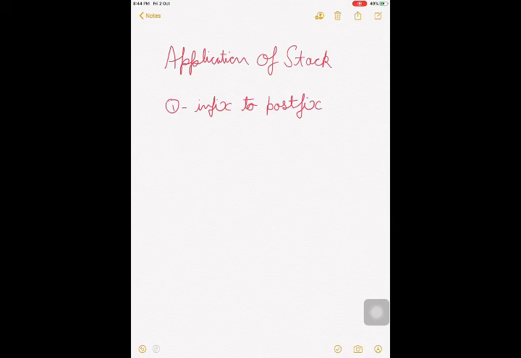And the second will be evaluation of postfix expression, in which you will be given a postfix expression and you have to get the result of that expression. So these are the two questions that we'll be discussing here.